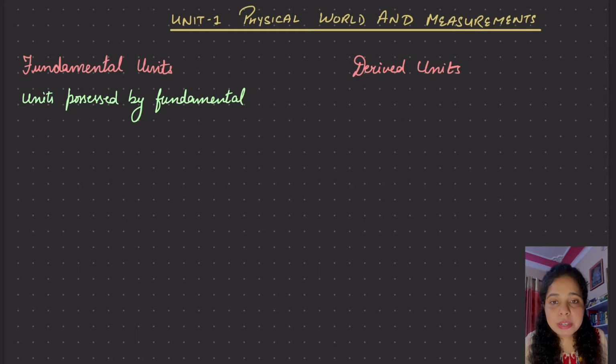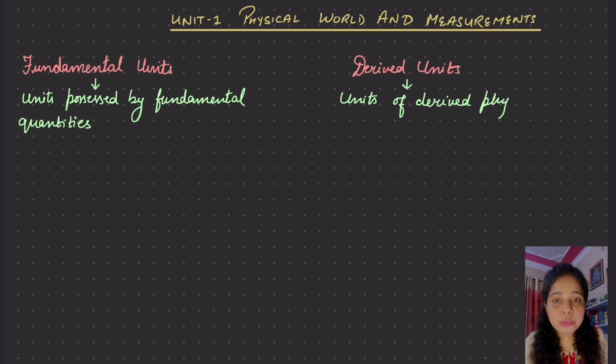As far as fundamental quantities are concerned, we had 7 basic quantities: mass, length, time, current, temperature, luminous intensity, quantity of matter contained in a body, and 2 supplementary quantities, plane angle and solid angle. So all the units which are possessed by these 7 and 2 supplementary physical quantities are called fundamental units.